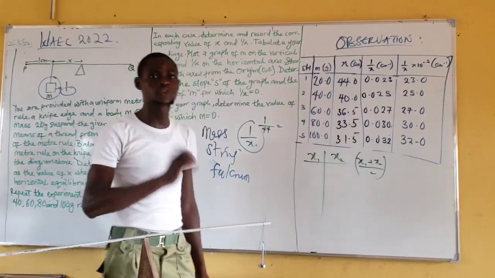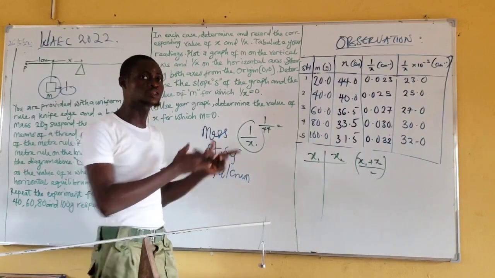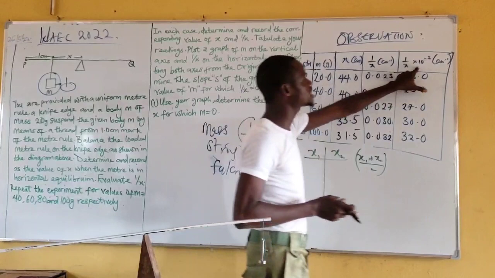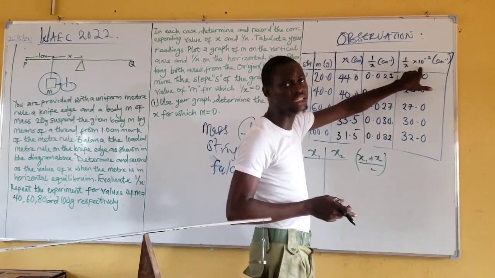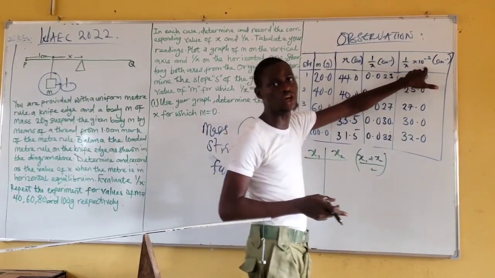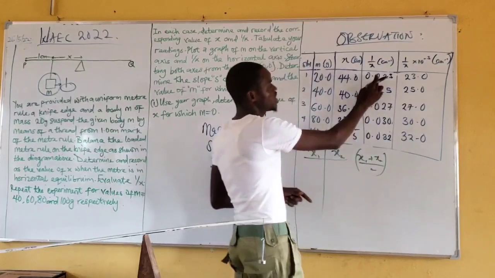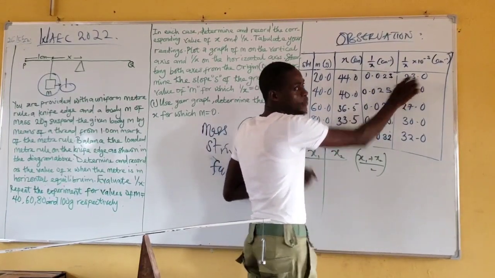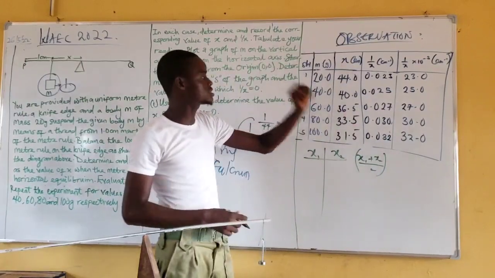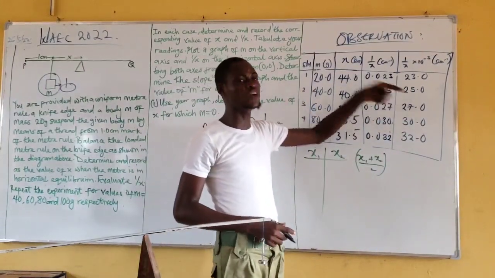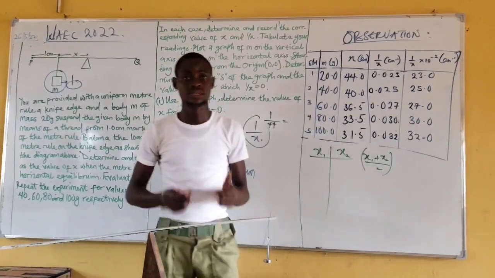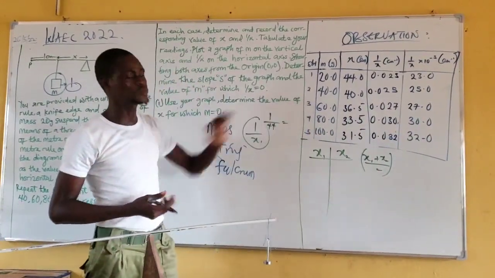If you want to write it in your graph, you are going to put there that you are converting it to standard form by multiplying by 10 raised to the power minus 3. So if I convert it to standard form, I should have 23.0 times 10 raised to the power minus 3, like that, 25.0, 27.0, 30.0, 32.0. This is for the experiments.